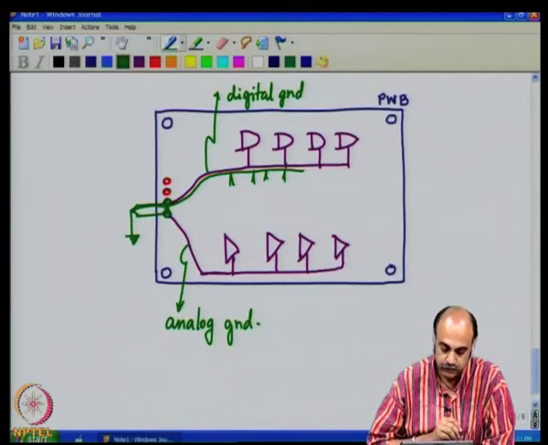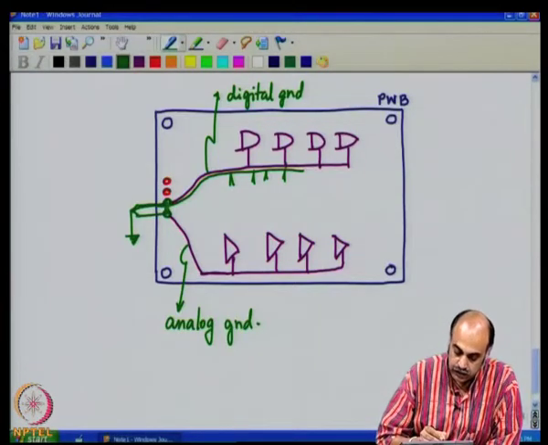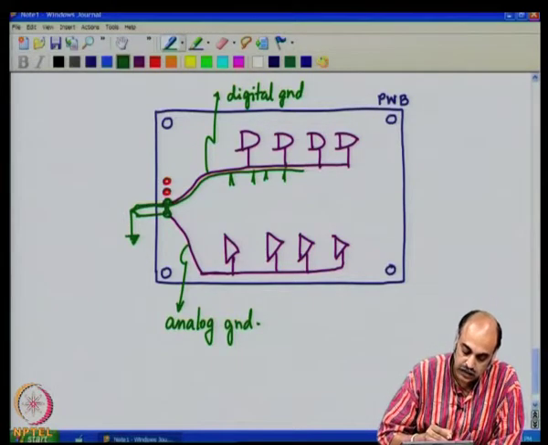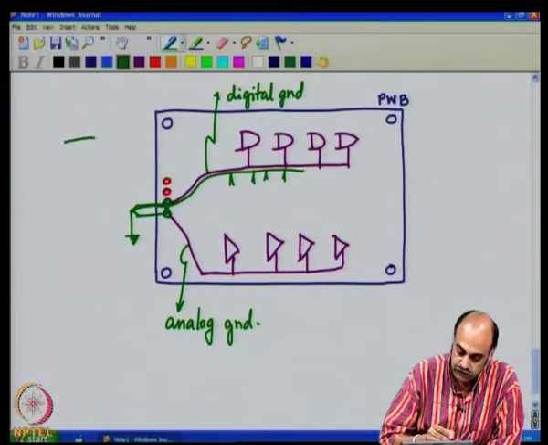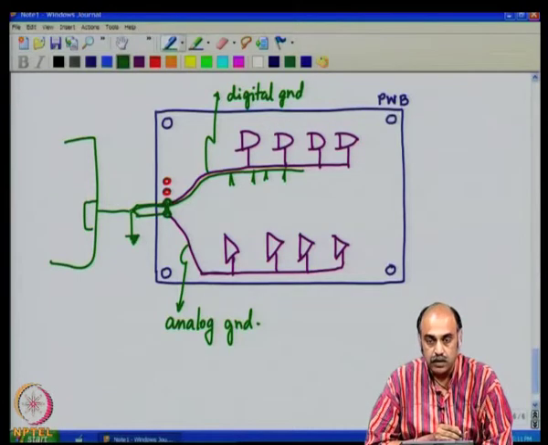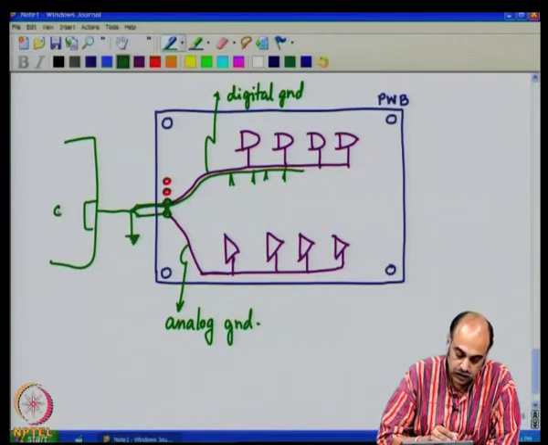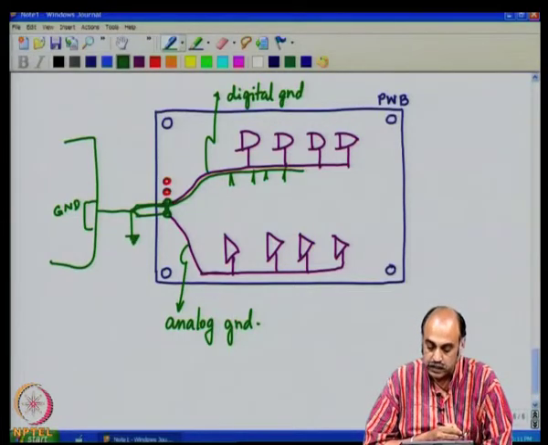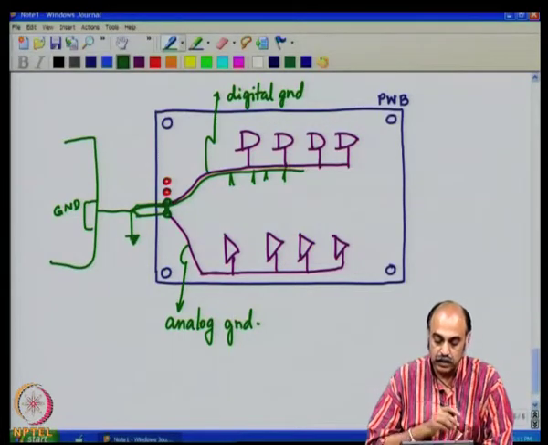At this point. Okay. But if the power supply board is still further somewhere here, you can connect it at that point if that is the most stable ground reference in your whole system. Okay. So, this is a very important aspect. You have to split up the analog and the digital ground.